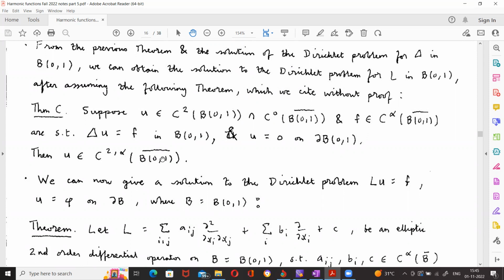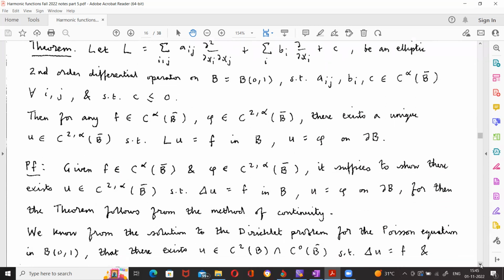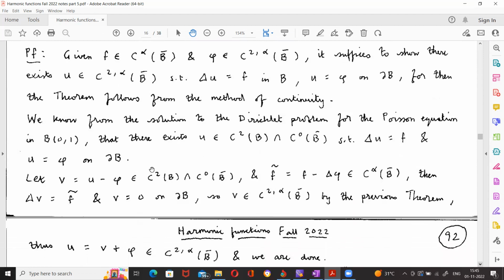So somehow we have to reduce C2 alpha boundary values to the 0 boundary value, right? And that we do by the usual way. We reduce things to the homogeneous case. So we take V to be U minus phi. Then the boundary value of V is going to be 0, so we're reducing to the 0 boundary value case.